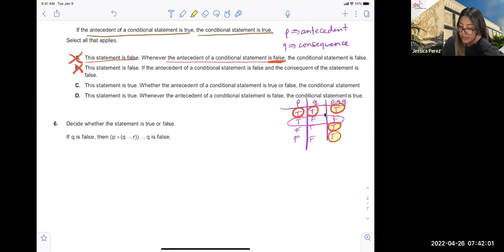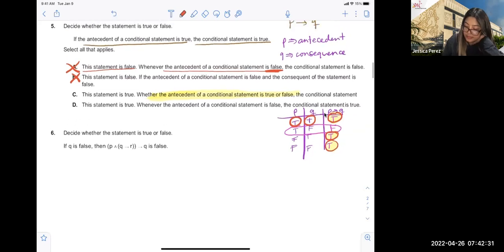The statement is true whether the antecedent of the conditional statement is true or false. No, because if the antecedent is true but the consequence is false, then you would have a false statement. This statement is true whenever the antecedent of a conditional statement is false, the conditional statement is true. No.